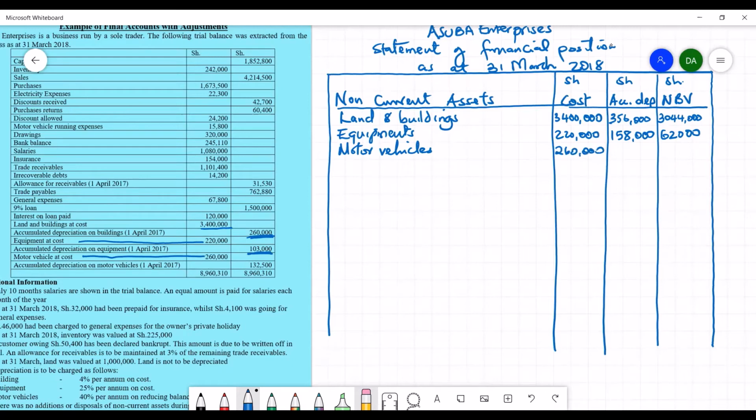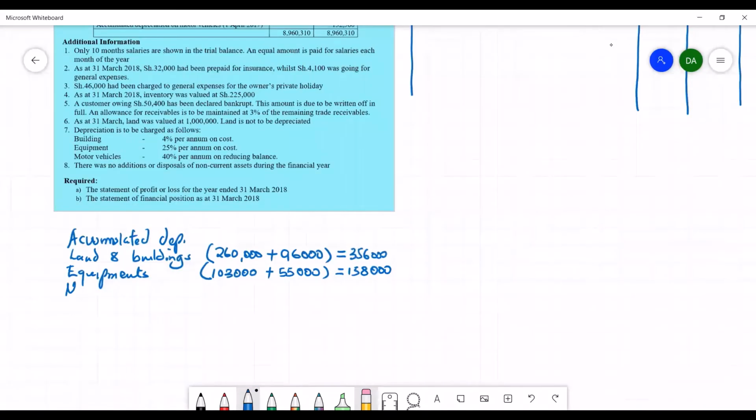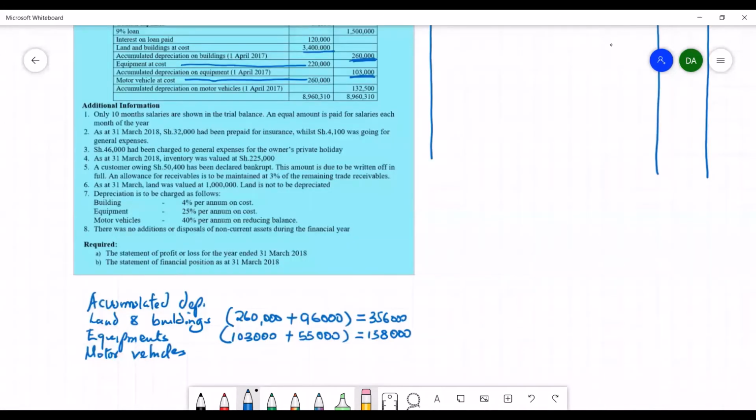Accumulated depreciation at the beginning on motor vehicles was 132,500. During the period, depreciation of 51,000 was calculated, so that the total now should be equal to 183,500.